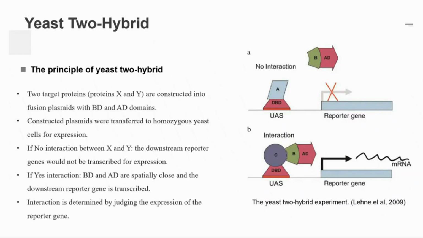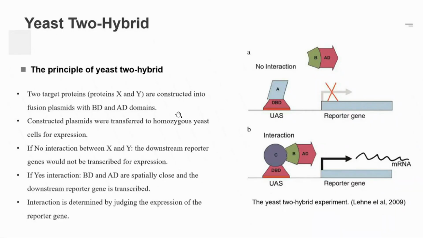The way it works is you have a reporter gene where, if you have a transcription factor functioning in the non-coding region, the gene will be activated and transcribed. You can measure this by measuring the mRNA read counts. How they set up the system is you have two proteins that you want to test for interaction, and you hybrid them with one domain of the transcription factor.